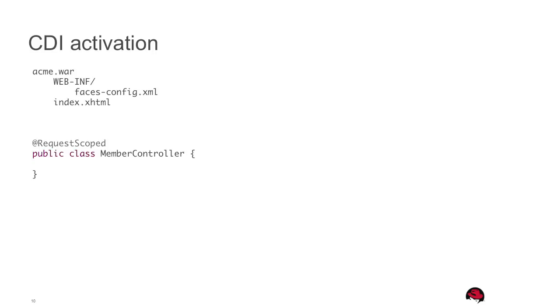So we fixed both of these problems in CDI 1.1 by defining that inside a Java EE server, any class, regardless of whether there is a beans.xml in the archive, will get picked up, but only if it has a scope annotation on it. So, for example, request scoped, session scoped, dependent scoped, application scoped. But the nice thing is, as you can see from my slide here, you don't need to put that beans.xml file in the archive.